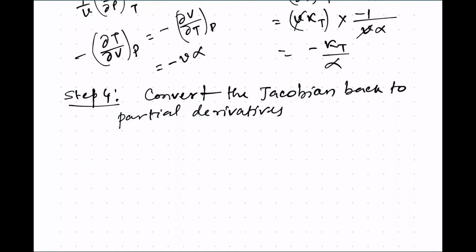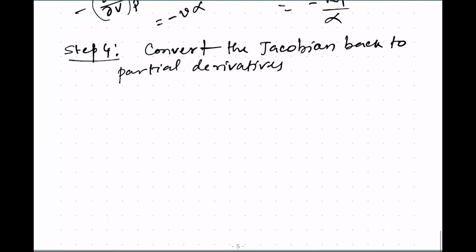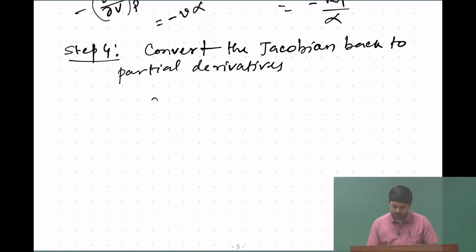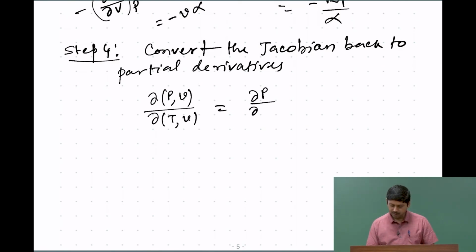Okay, so, I will give you a convert back example. The example is, let us say you have del (P, V), and let us say you encounter this kind of situation. That means, it is nothing but del P by del T at a constant V, which we have used above.